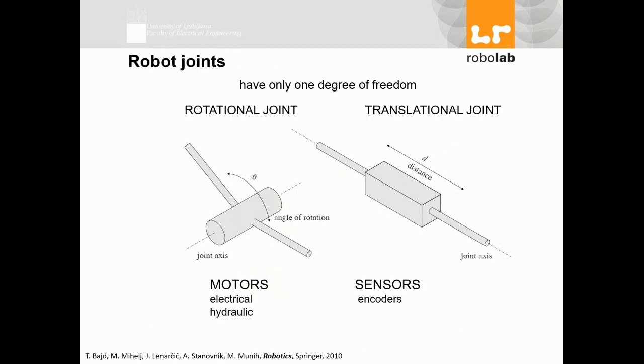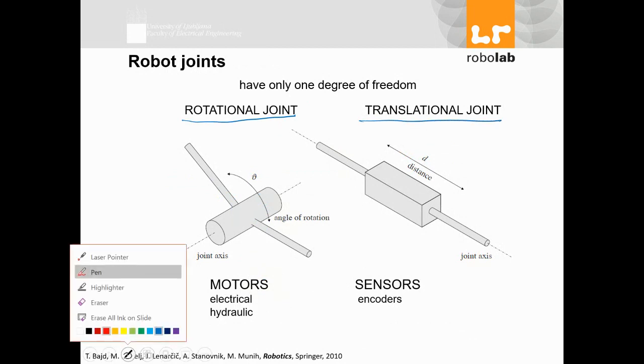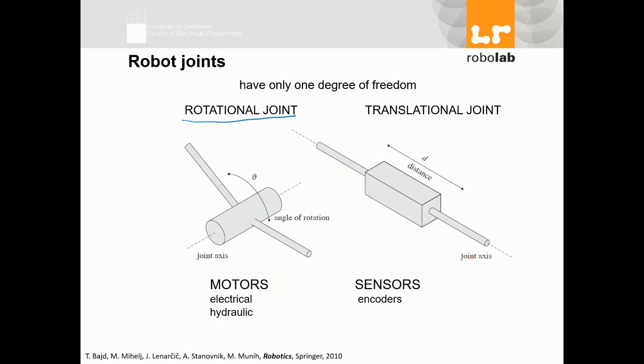And the other one is translational. So rotational and translational joints. In the translational joint, one side can move alongside the other side, but linearly, not in terms of rotation.